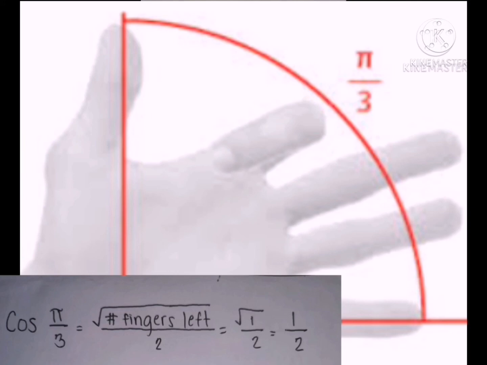So, cos pi over 3 is equals to square root number fingers left over 2 is equals to square root. So, ilan ba yung natira sa left natin? 1, di ba? Then, square root of 1 over 2 is equals to 1 over 2.